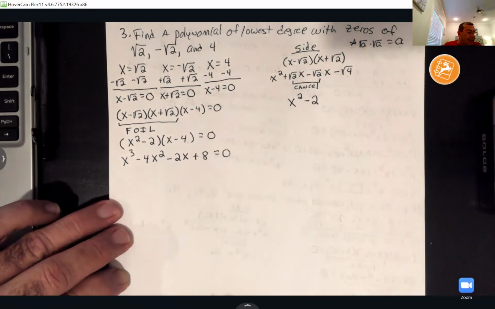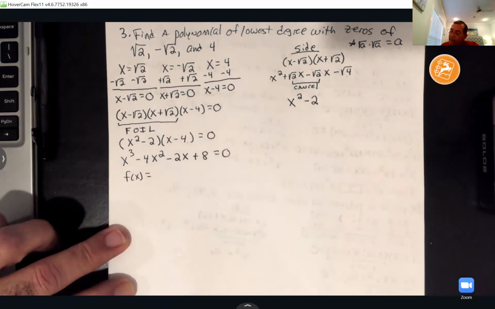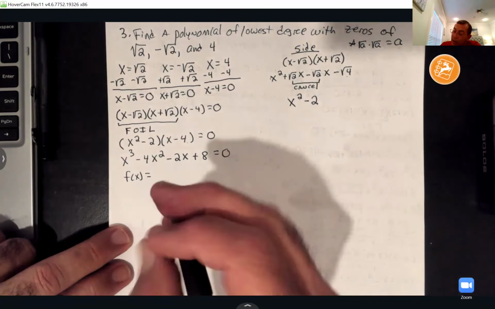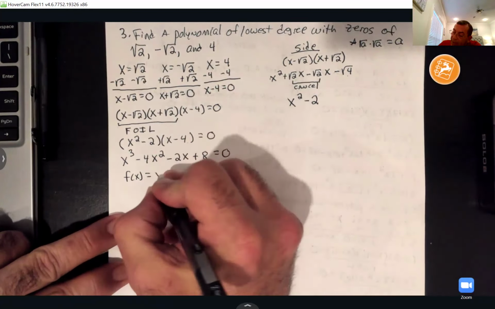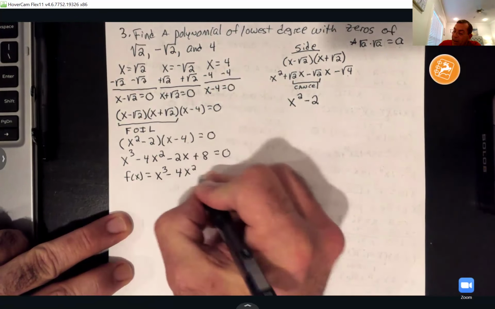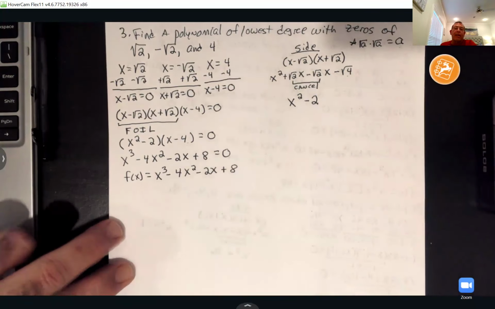All righty, so our answer will be f of x. And y'all look at that, this one ended up in descending order. I don't have any like terms. So x to the third minus 4x squared minus 2x plus 8.